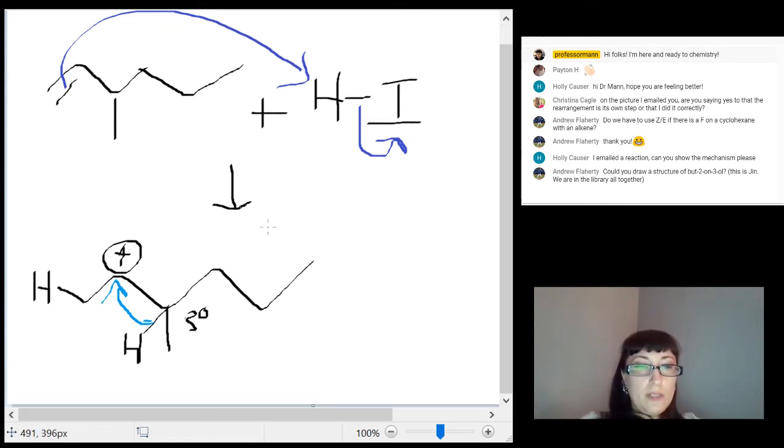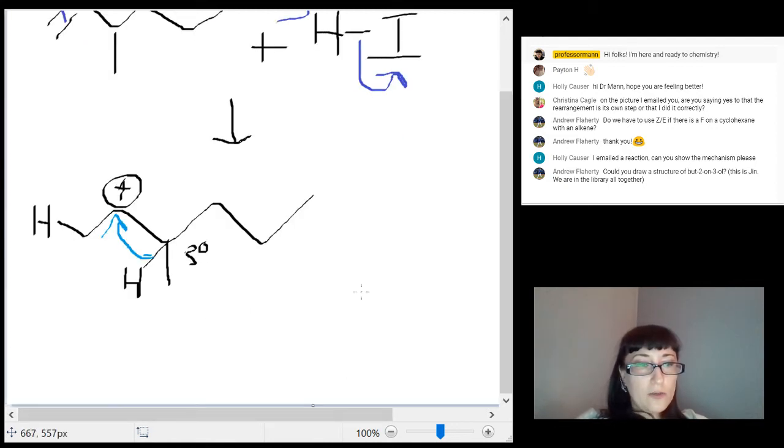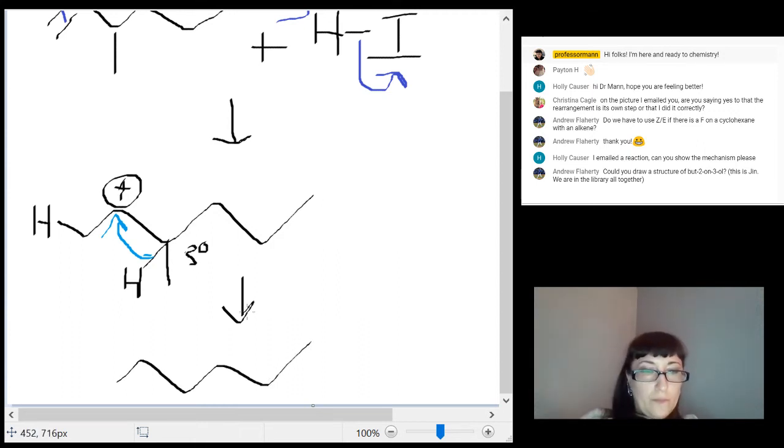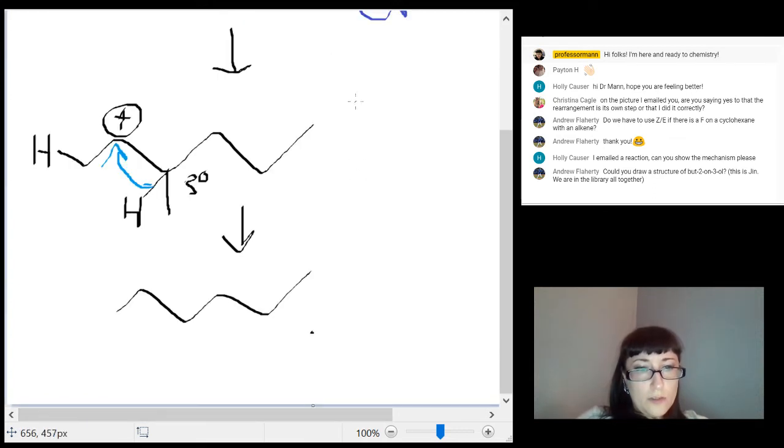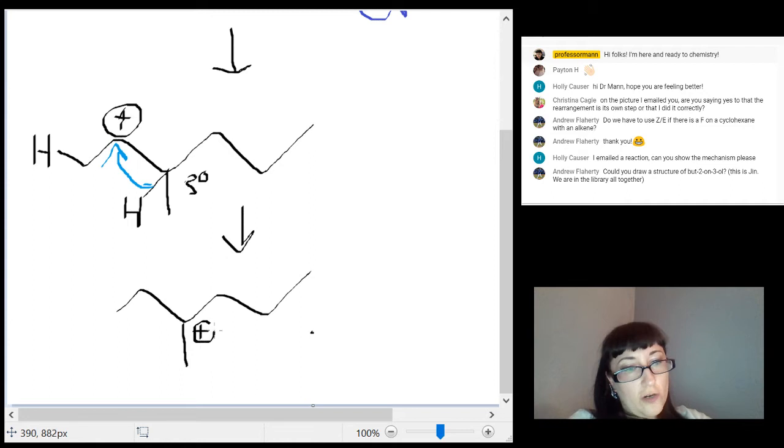Now, I need to make my space a little bigger here. So the product then of the hydride shift would put the positive charge on the tertiary carbon.